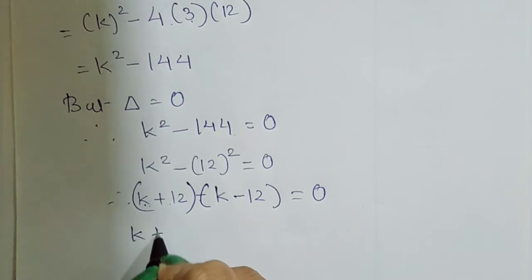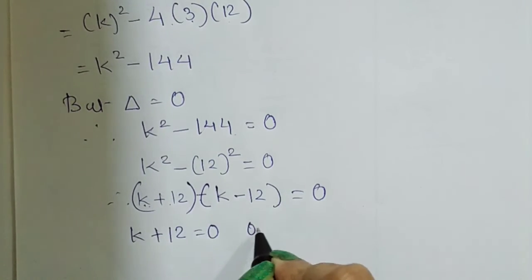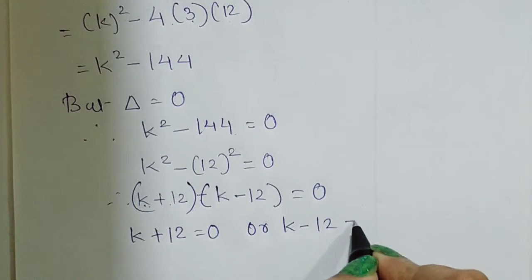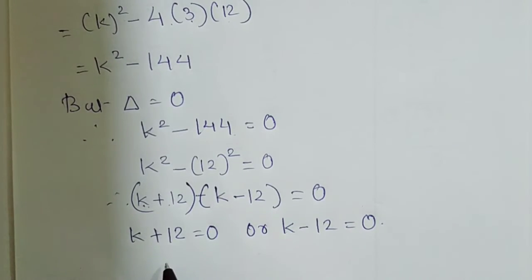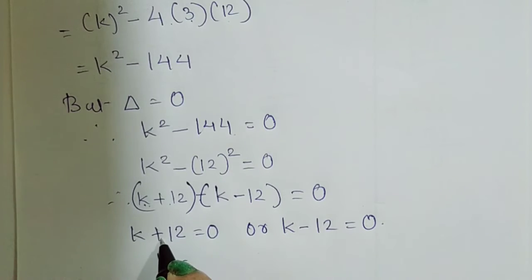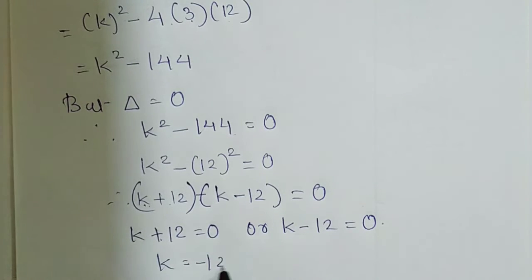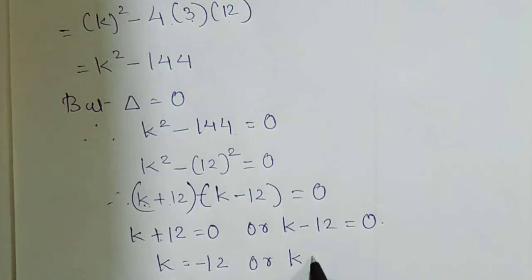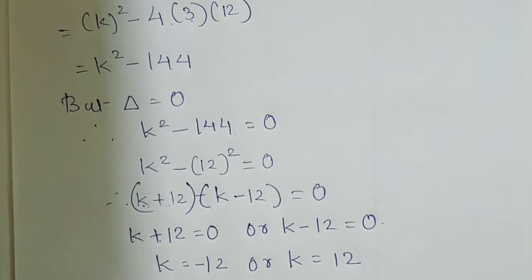And here we can write k plus 12 equal to 0 or k minus 12 equal to 0. K value is what? If plus is there, it will become minus 12, or k value is plus 12. Got it? I hope you understood.